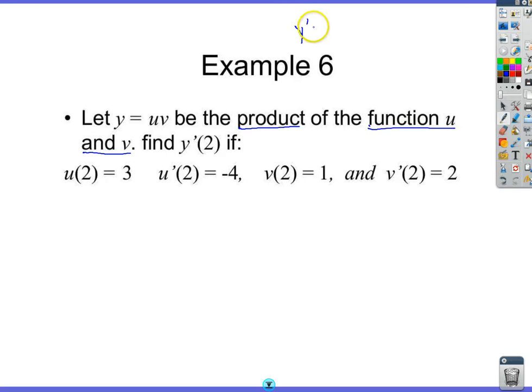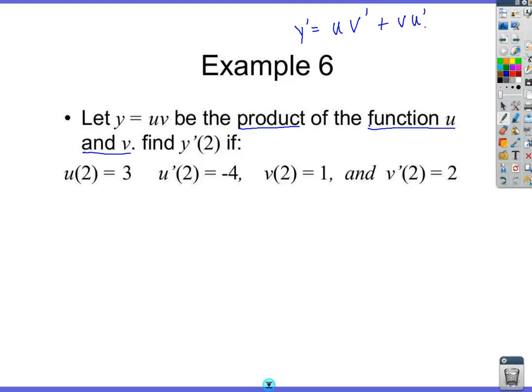y prime is going to equal, leave the first one alone, take the derivative of the second, plus leave the second one alone, v, and times the derivative of the first. Now notice I didn't do dv dx or du dx because I kind of simplified it a little bit, right?